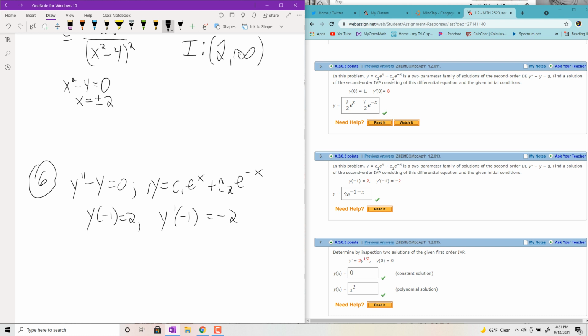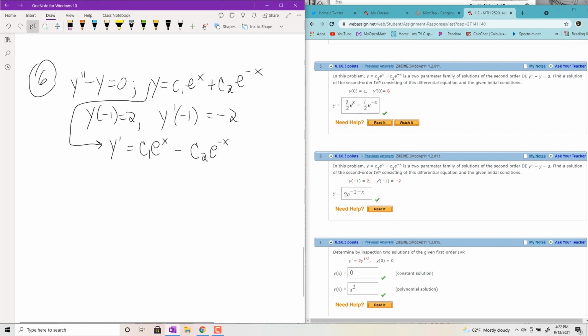So I need to get the derivative from this. Y prime will be c1 e to the x, then plus c2 e to the negative x times -1. So I just put the negative out in front like that. Then you can plug the initial conditions into these two things and solve for the constants.